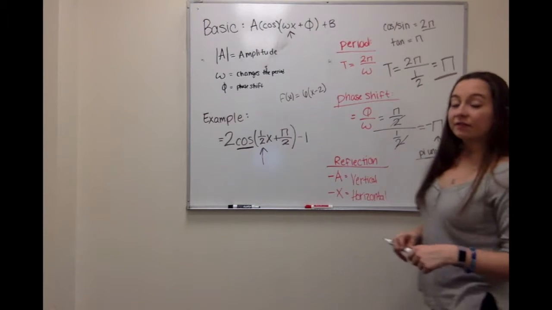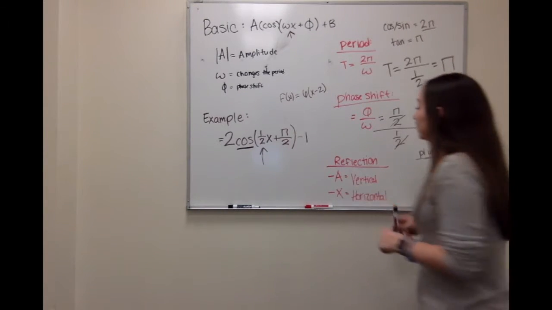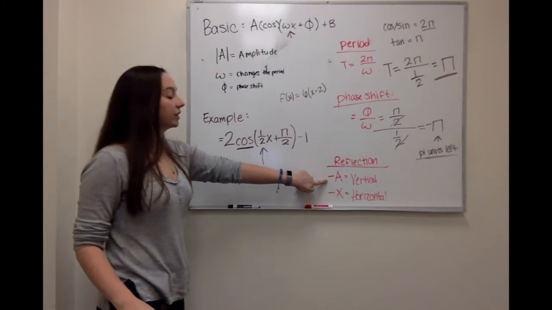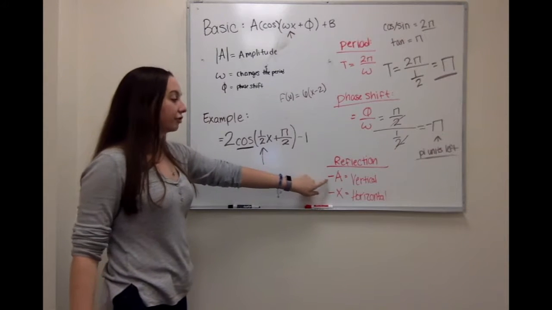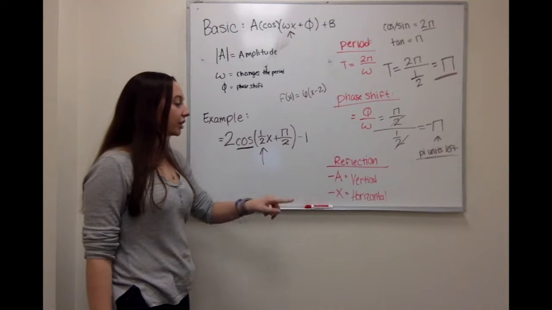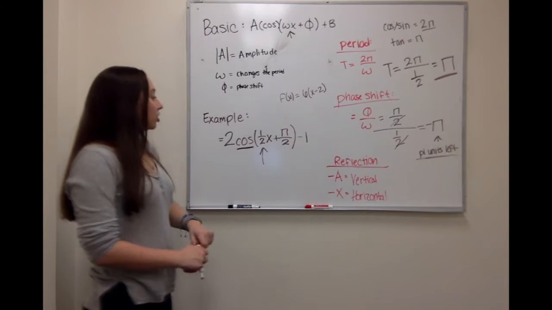Okay. And finally, for our reflections, if the negative sign is in front of the A for amplitude, it's going to be a vertical reflection, and if it's in front of the X, it's going to be a horizontal reflection.